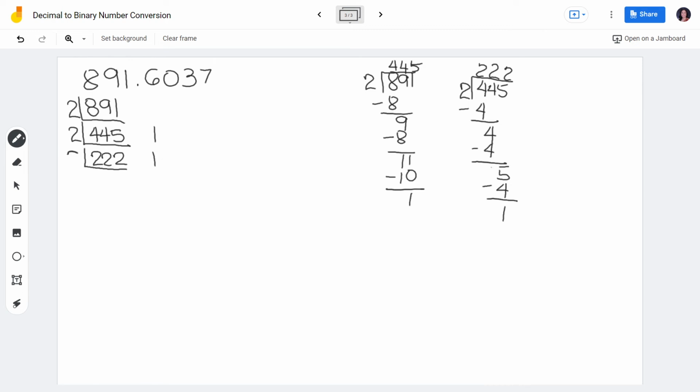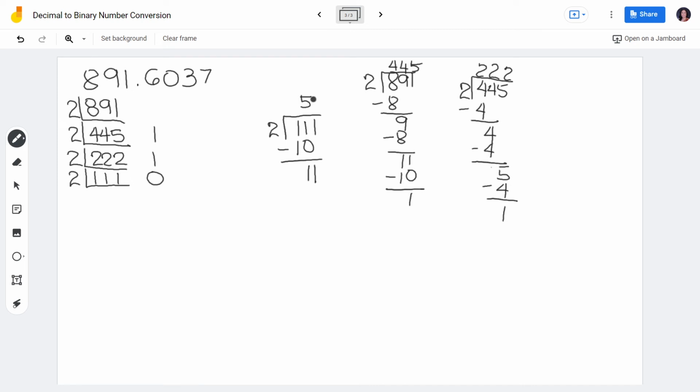Okay, next. 222 divided by 2 is what? You can already solve it manually if you want to. So we have 111, remainder 0. And then next is 111 divided by 2. We can use this to solve if you're not sure. 11 divided by 2 is 5, 5 times 2 is 10, 11 minus 10 is 1.